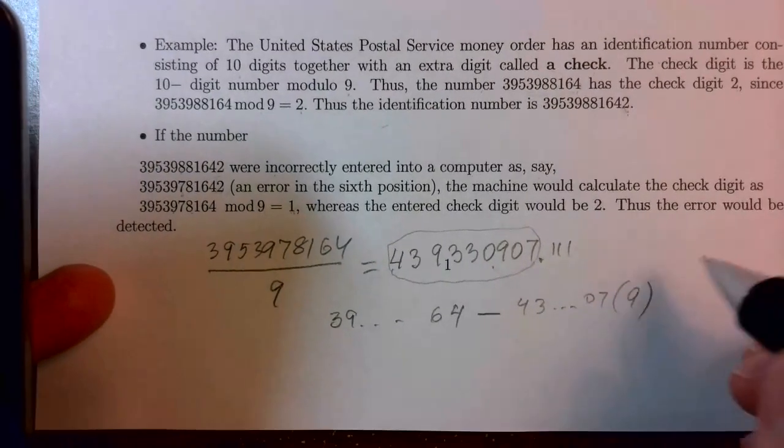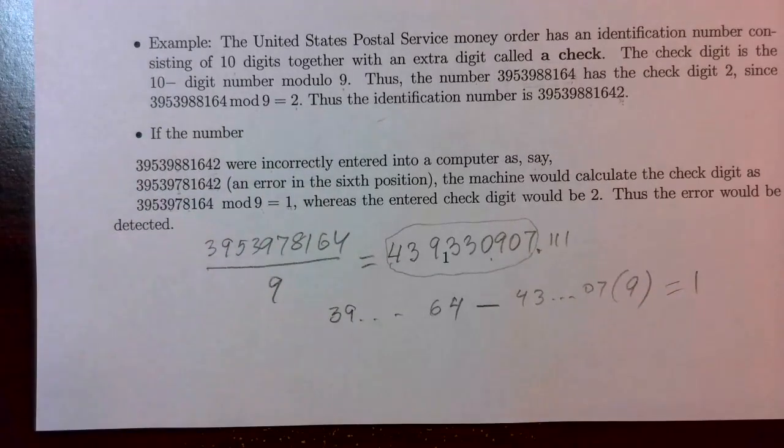And the result is 1. So this is the usual way we compute the modulus. If your calculator has a mod function, then you can use it. Otherwise, you use the division as we know.